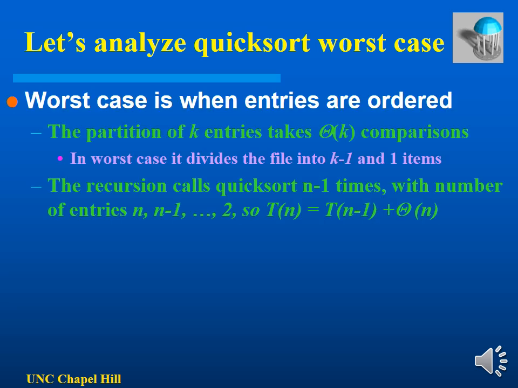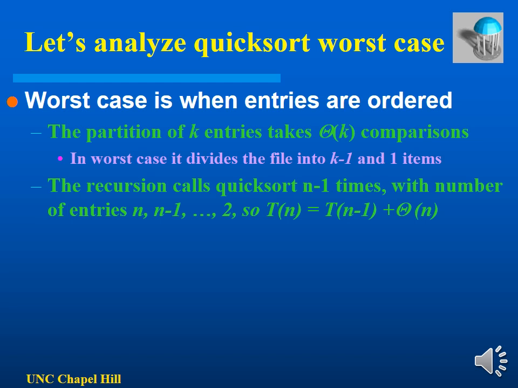The worst case is when, at the kth stage, that is to say when we're partitioning k entries, we find that all the entries are either all less than the partitioning element's key value, or all of them are greater in key value than that of the partitioning element.